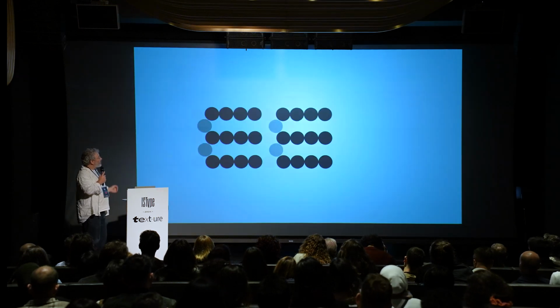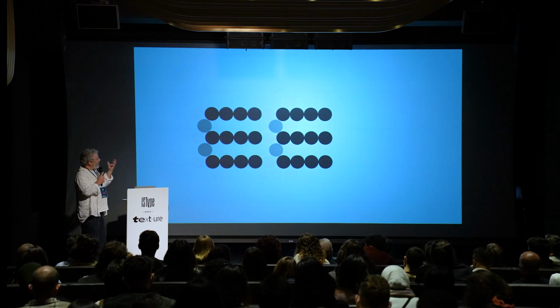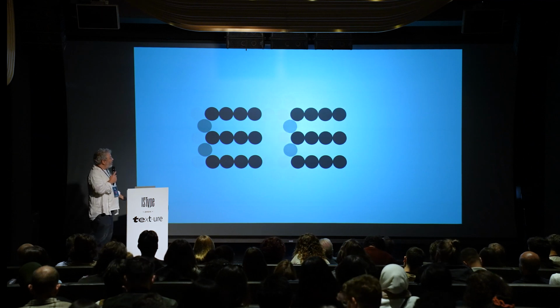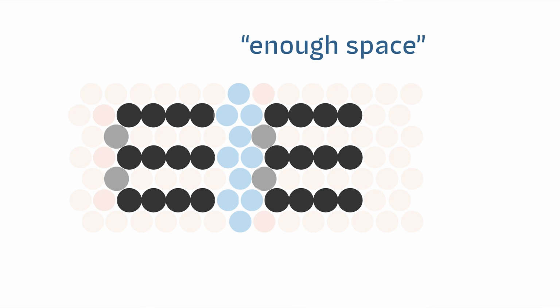There's also the question of separating two letters, distinguishing that this is one letter and over here is another letter. If we have our letters too close together at the limits of human acuity, it doesn't work. But if we separate them a little bit, then it works better. You need enough space.